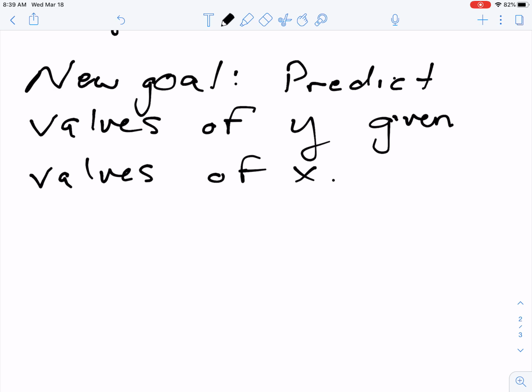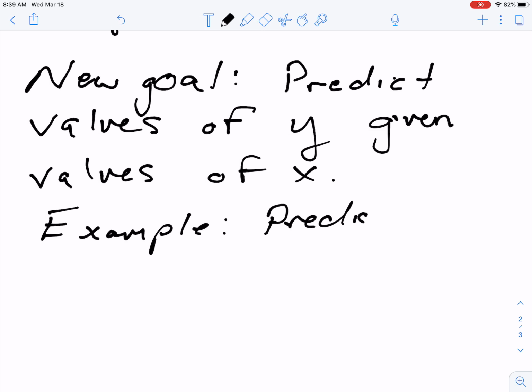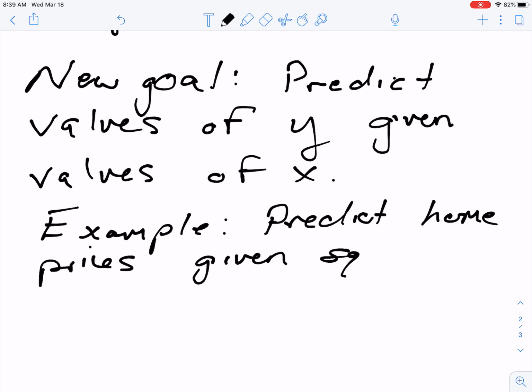So we can keep going with our example, which would be to predict home prices given square feet. Okay? So that's going to be the topic of this session.